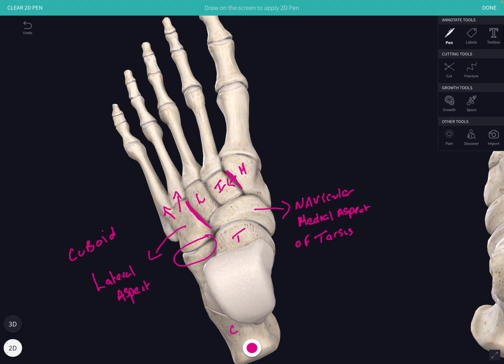But also a very small area of that articular facet is also going to articulate with the base of the 2nd metatarsal. Okay, so a small area there will articulate with the base of the 2nd metatarsal. Now the posterior aspect of the medial cuneiform bone has an articular surface which articulates with the navicular.